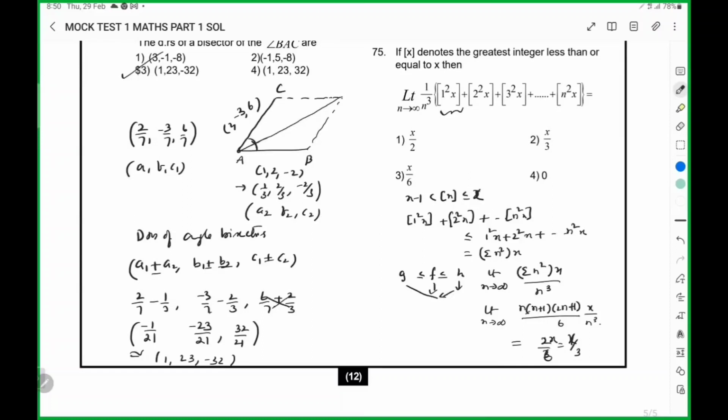So similarly, if you consider the lower boundary, what we get here is x minus 1 means 1 square x minus 1, and so on up to n square x minus 1.